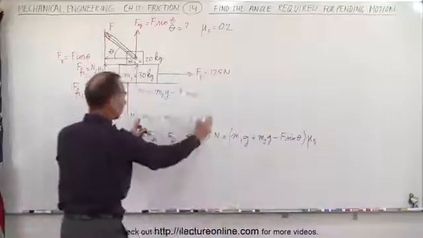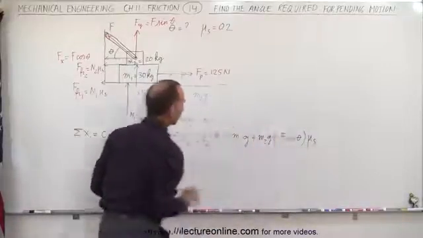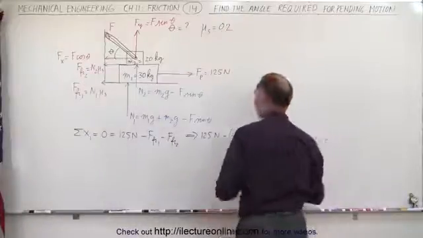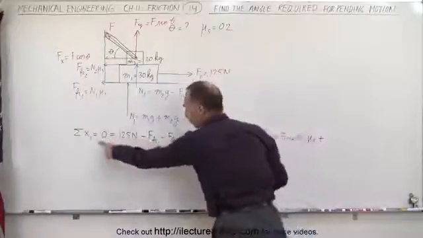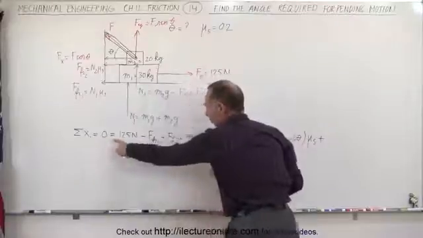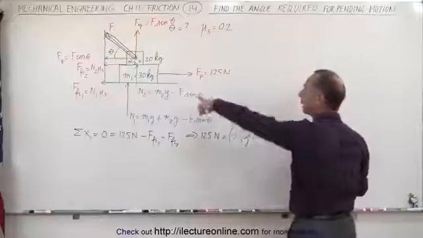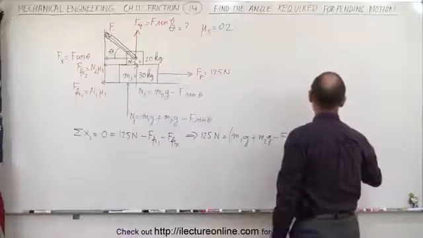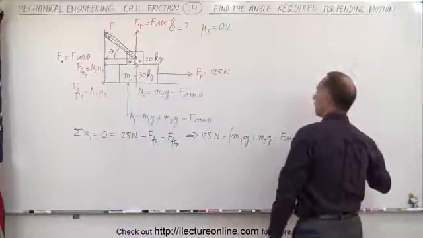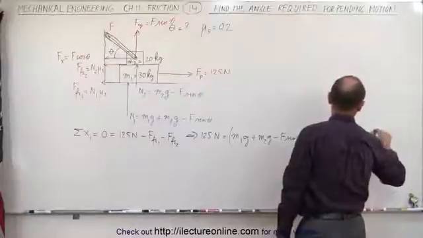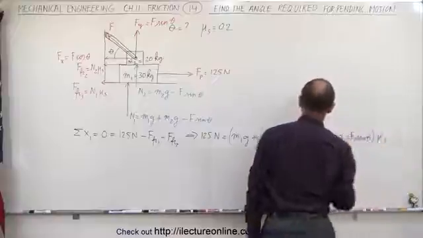So I took N1 and multiplied it times mu sub s, and then I add to that friction force 2. Notice I moved the 125 to the other side, which makes it negative, and then multiplied everything by -1 to make everything positive. Then N2, which is M2g minus F sine theta, times mu sub s.